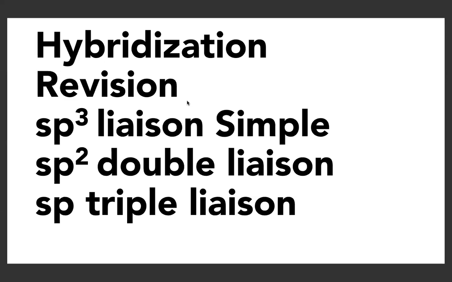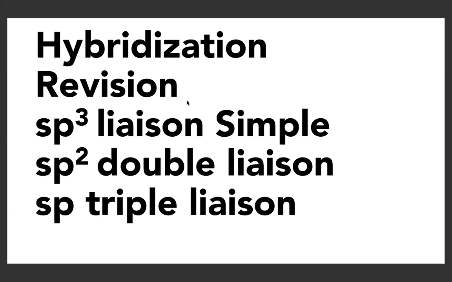Now here, what is the bond orientation? Is it pi pi, or sigma sigma, or sigma pi pi? It's one sigma bond with two pi bonds. Exactly.